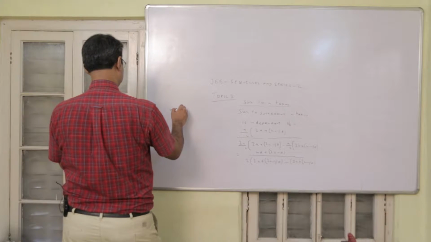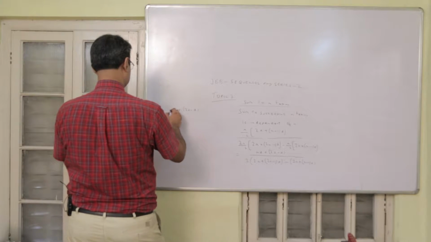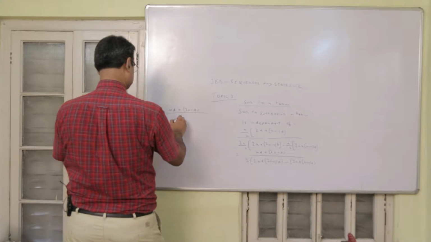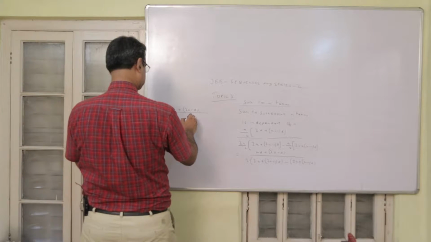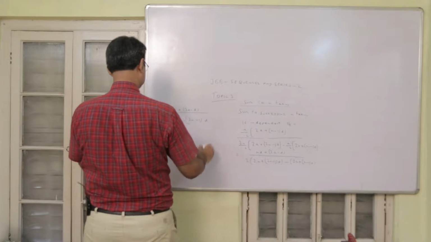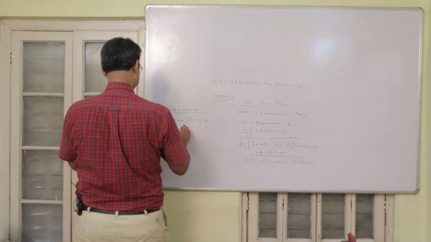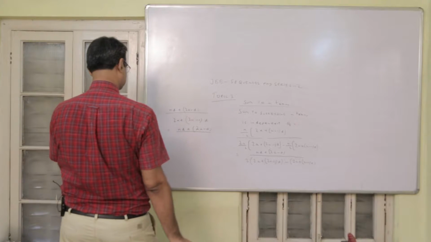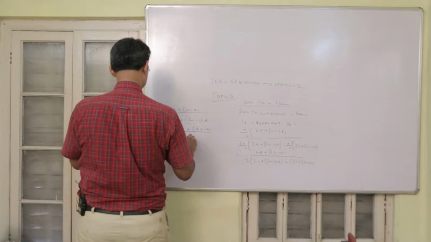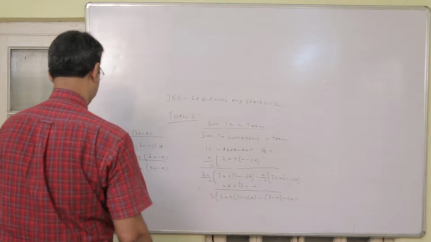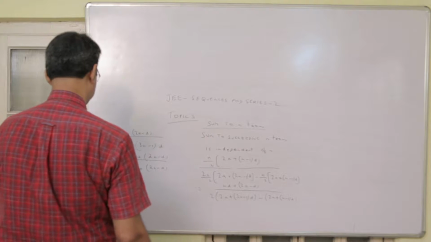If you simplify this, we will get nd plus 2a minus d by 3nd plus 2a minus d.